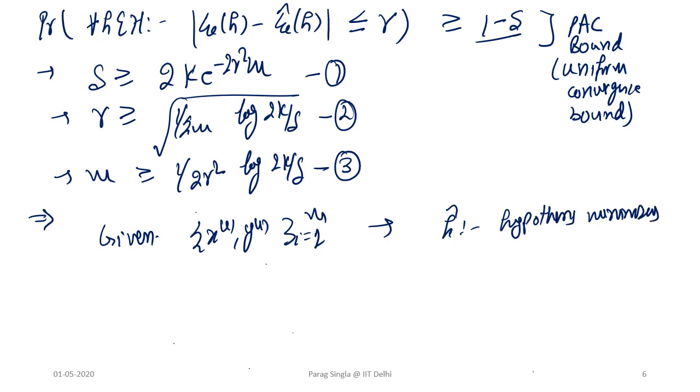So h hat is exactly the hypothesis which minimizes this error, the sum over all examples of y i not equal to h of x i, times 1 by m. So h hat is, in some sense, taking the min over every hypothesis in the hypothesis class, and whatever hypothesis gives me this minimum training error is what I get.